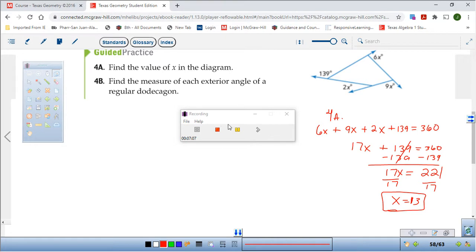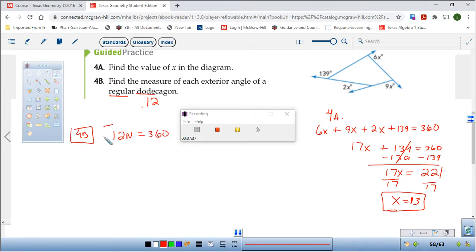Okay, here you go, 4b. Find the measure of each exterior angle of a regular polygon. This figure has 12 sides, so basically we're going to have 12n equal to 360.